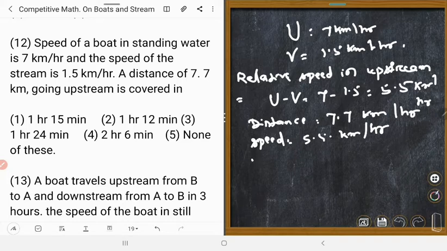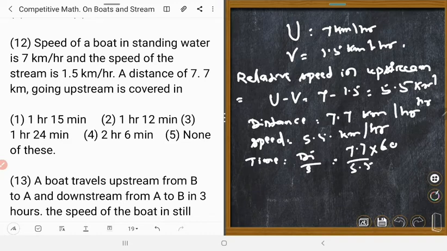So time is equal to distance by speed, is equal to 7.7 upon 5.5. Could you understand or not? Into 60, converted into minutes, right?